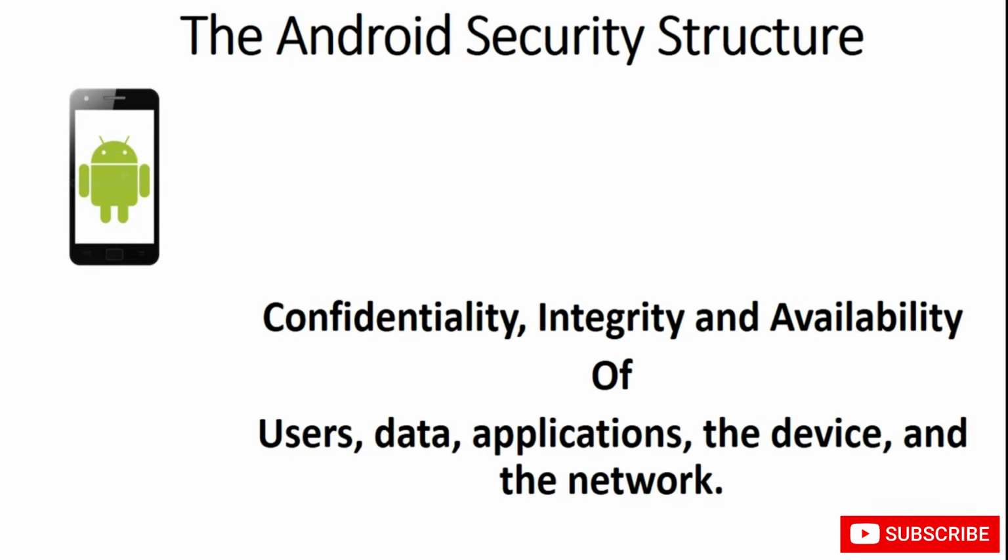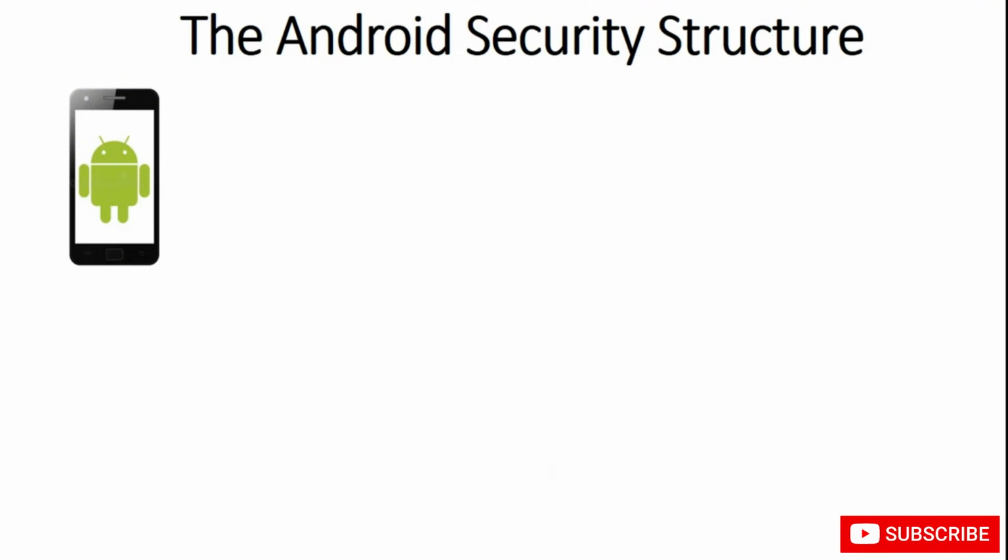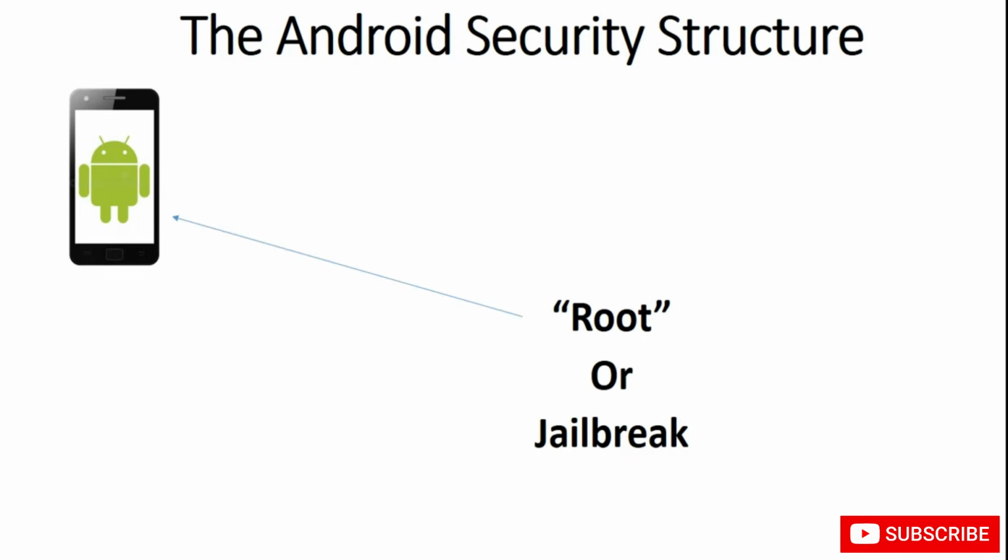Both Apple and Google have dedicated a lot of resources to make their mobile operating systems fairly secure. One of the main security challenges is when users root their devices, or jailbreak them, leaving them open to malware or compromised applications.